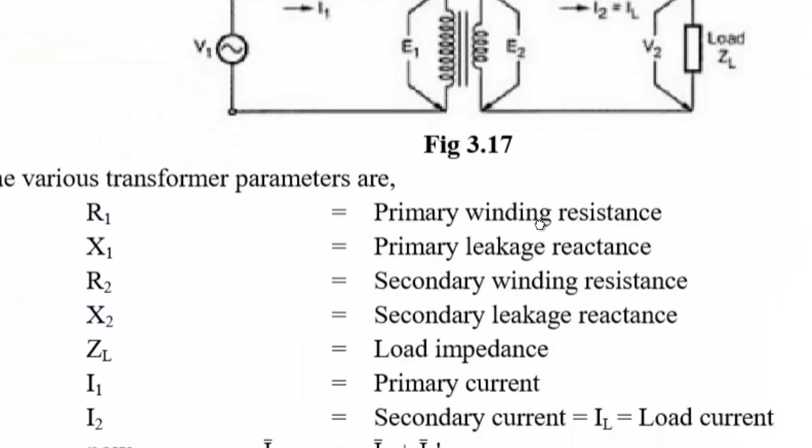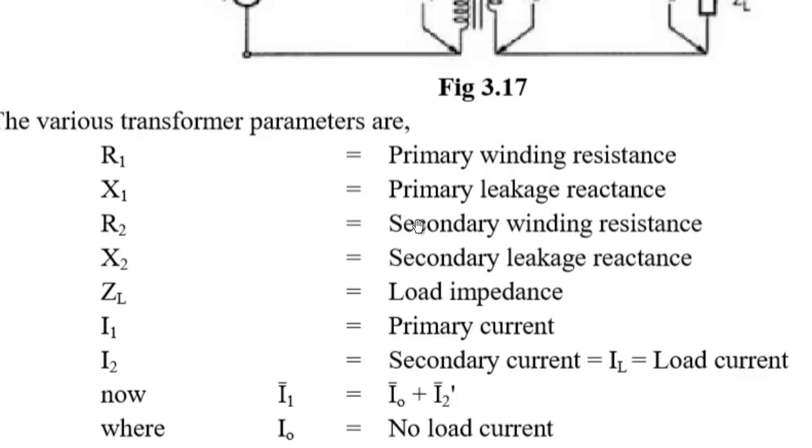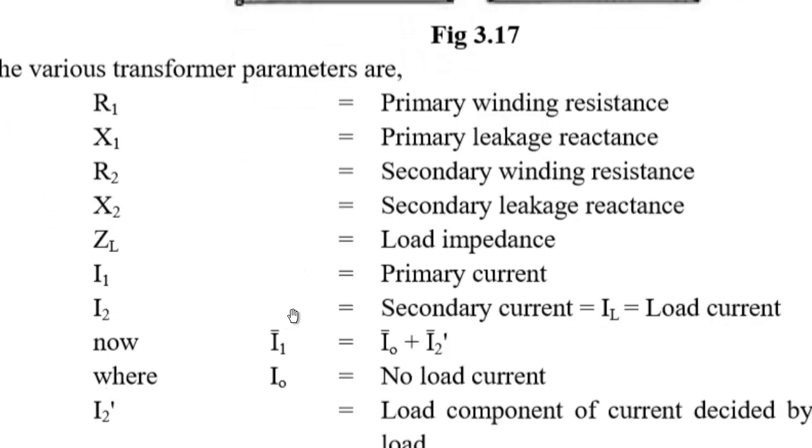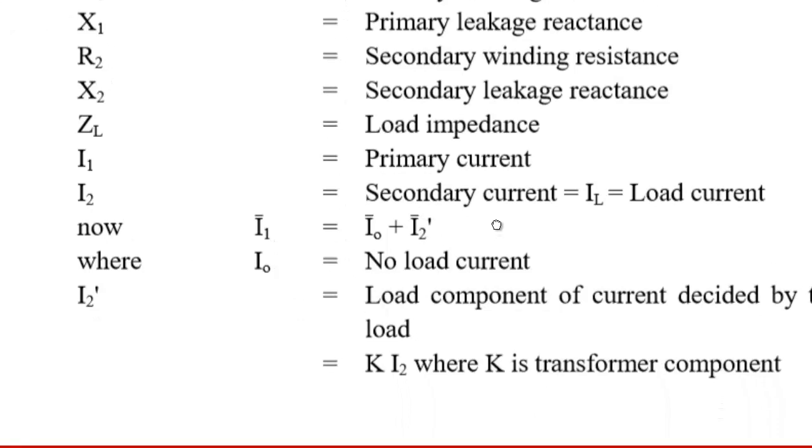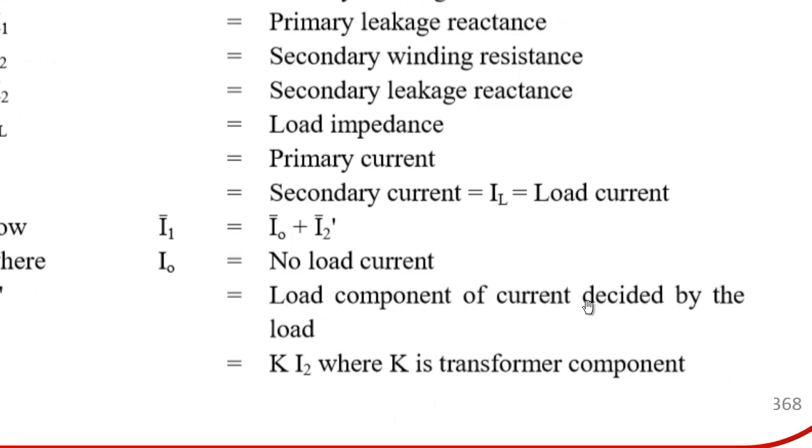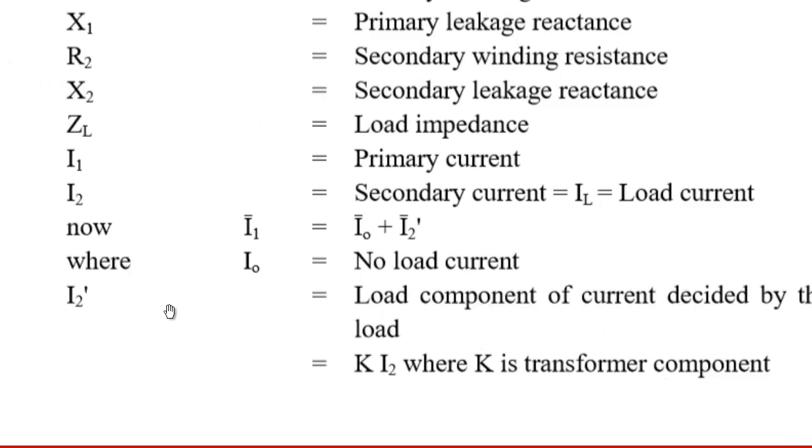I 1 is the primary current, I 2 is the secondary current. Now, I 1 is equal to I naught plus I 2 dash, where I naught is the no load current, I 2 dash is the load component of current decided by the load. So, I 2 is the secondary current, whereas I 2 dash is the secondary current referred to the primary.